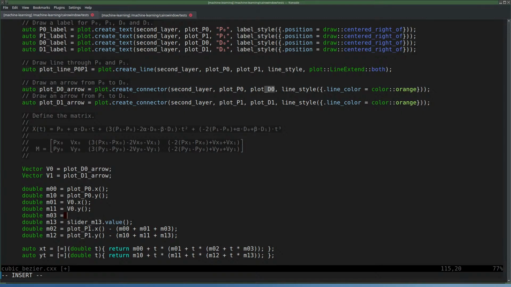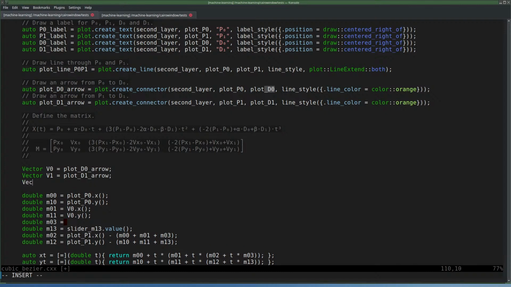Might as well do a helper variable. Vector, I'll call it V3. 0, 1, 2.